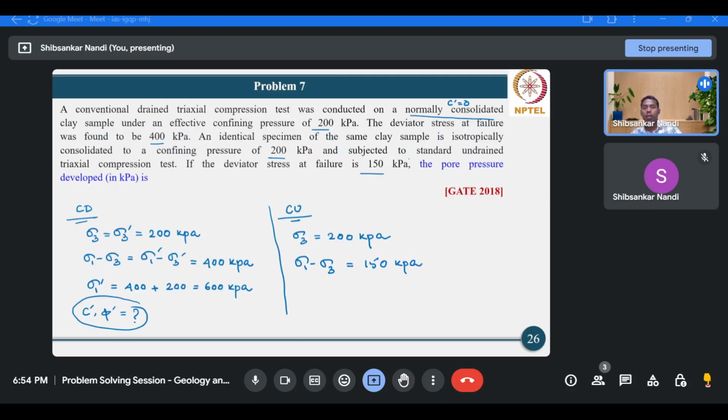So please keep in mind that in this case your sigma 3 prime is sigma 3 minus u.